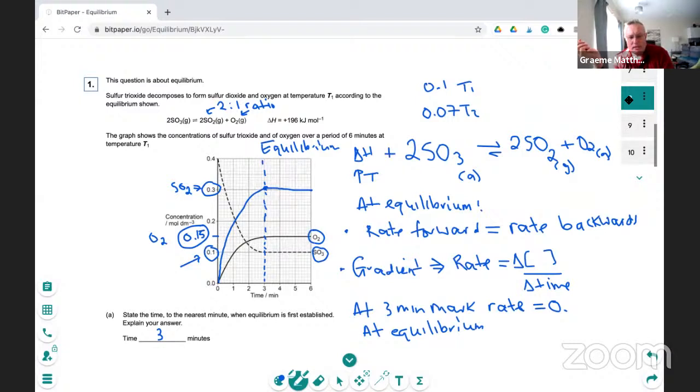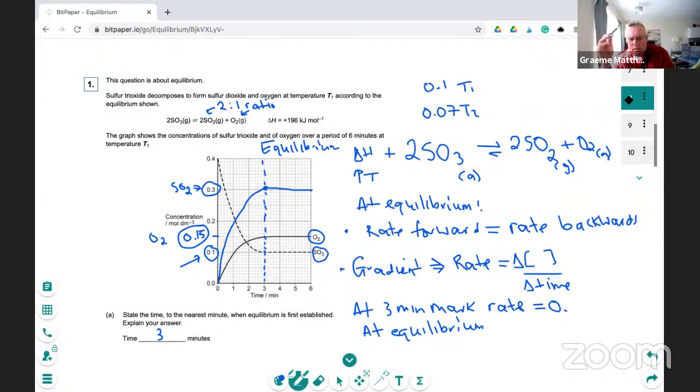We looked at equilibrium, and first off, we looked at closed systems, open systems, isolated systems, dynamic equilibrium, static equilibrium. We looked at Le Chatelier's principle. We've got the definition down.